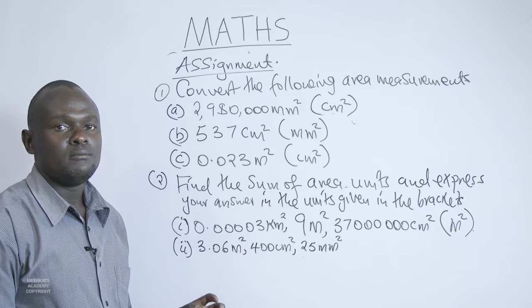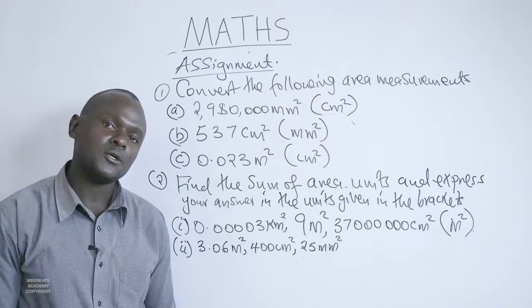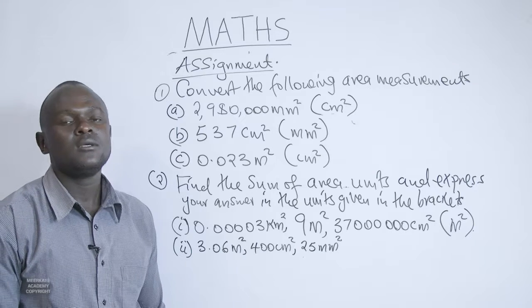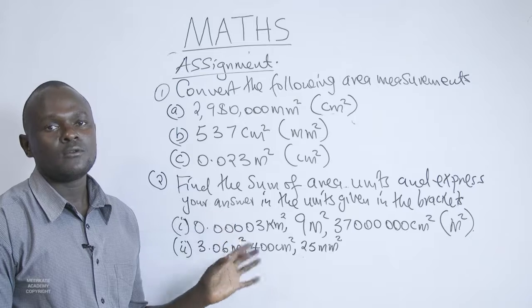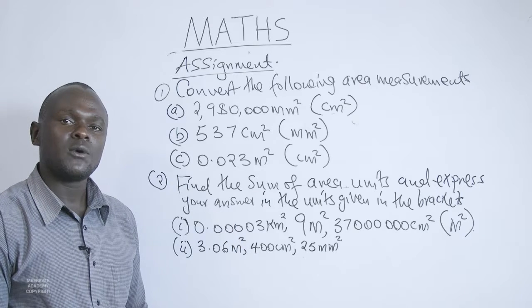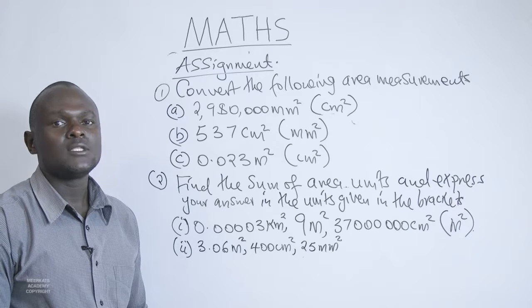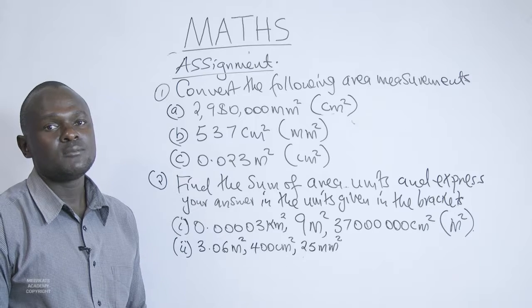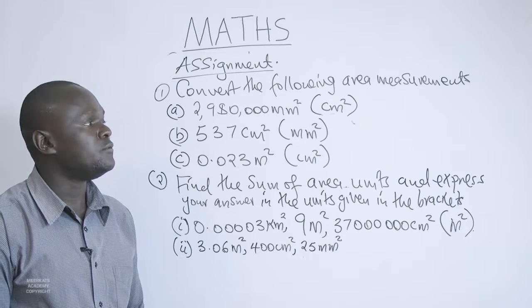And then from meter squared to centimeter squared, we perform multiplication by 100 squared, which is equal to 10,000. Then to convert from centimeter squared to millimeter squared, we multiply by 10 squared, which is 100. Then for us to move from smaller units back to larger units, we perform division.